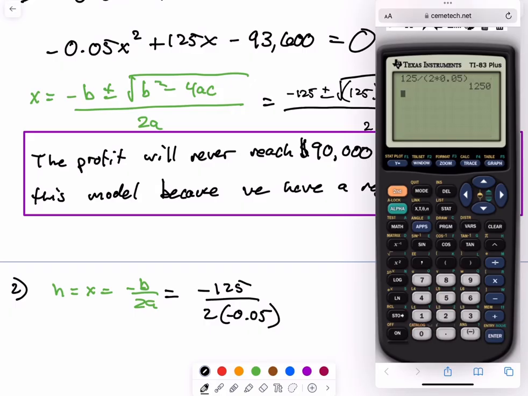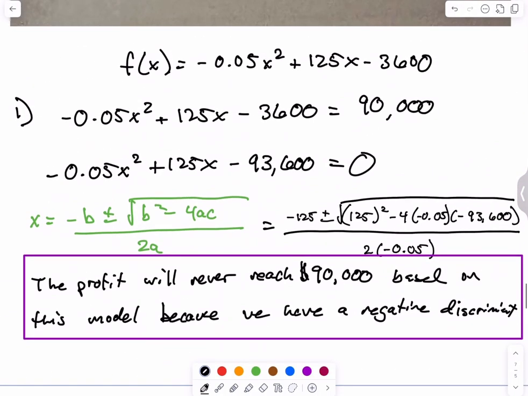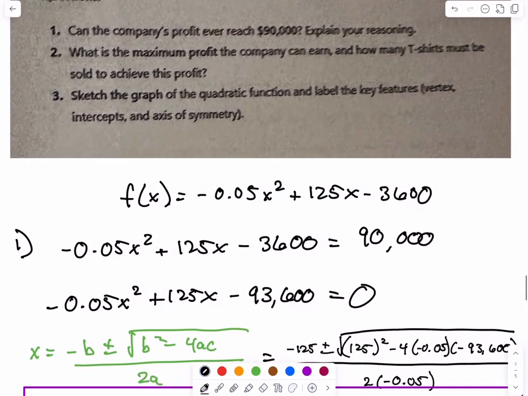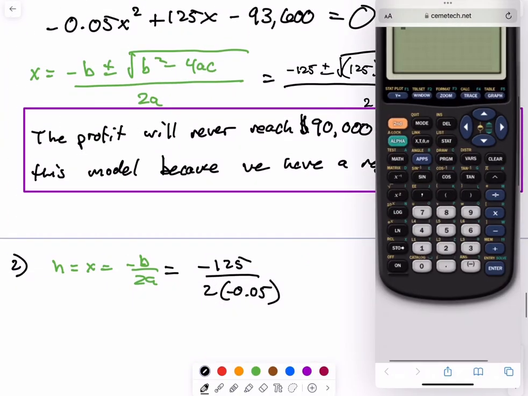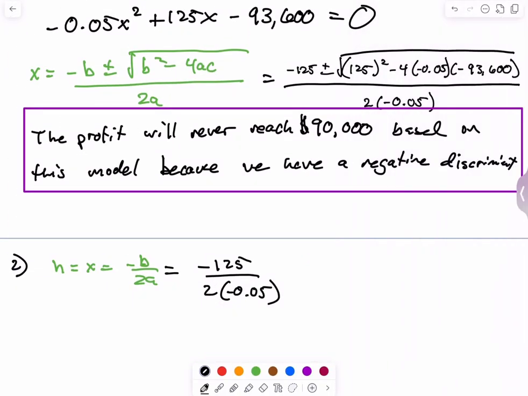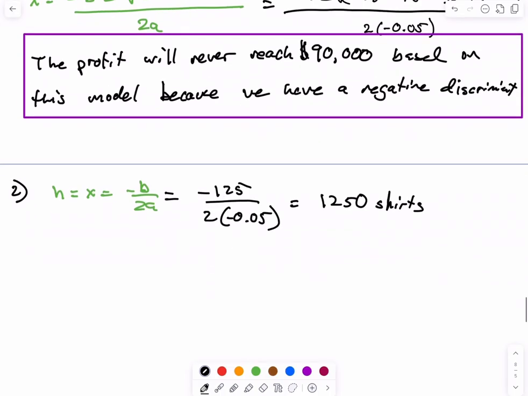Okay, so if we produce and sell 1250, what is this, shirts? Yeah, 1250, right? Okay. So then that tells us when the max occurs.